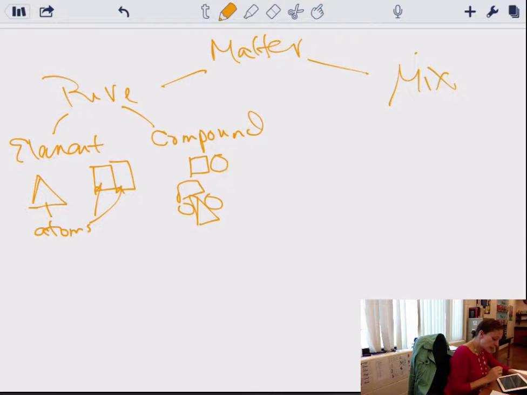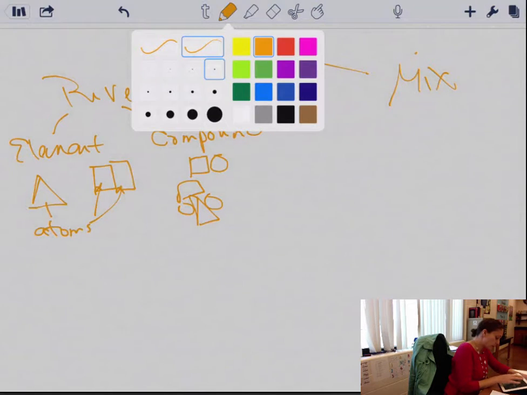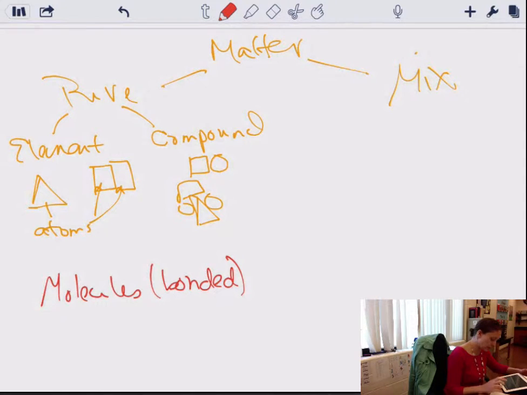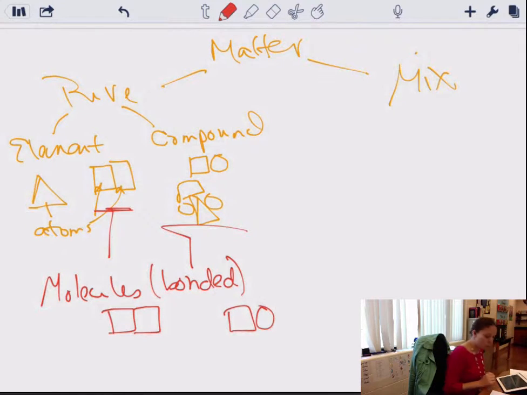The part you have to be careful with is the molecule part. Molecules mean you have to be bonded. They have to be bonded together, which means I can have this one right here, or I can have those two. Molecules can be either two of the same or two or more different.